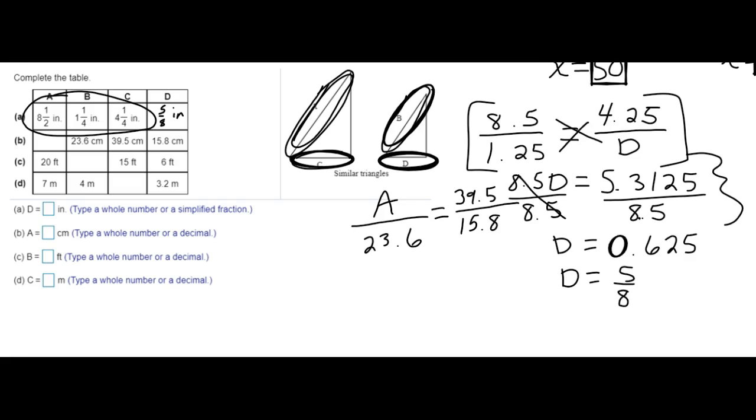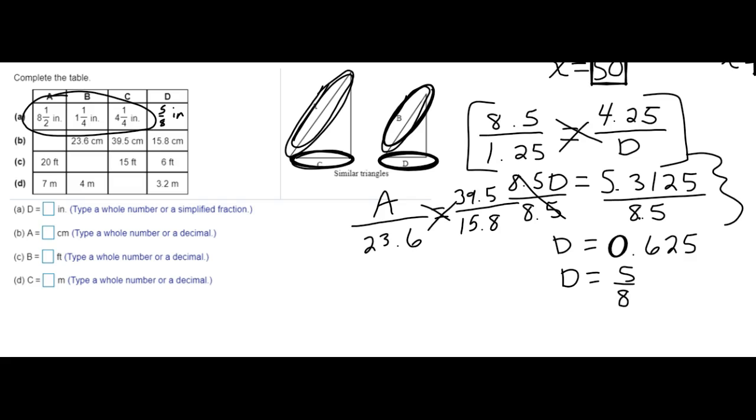So we have long side of the big triangle over long side of the little triangle equals short side of the large triangle over short side of the little triangle.